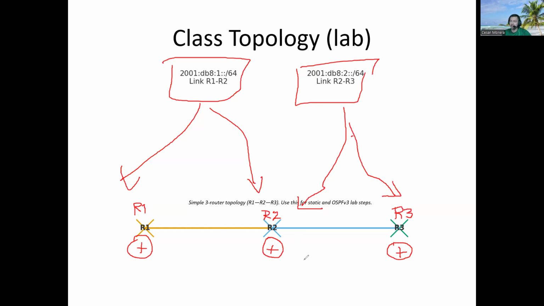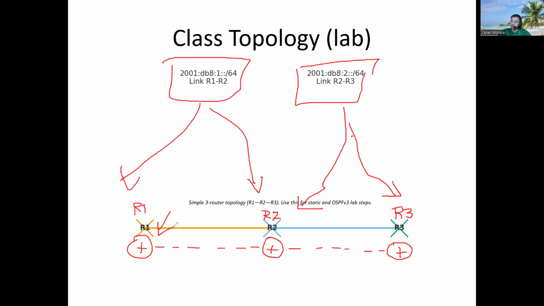Actually, it will be a crossover cable, because they are the same devices. So you will be connecting crossover cables between all those routers, turning the interfaces on and adding IPv6 with the IPv6-specific command. That's basically the lab. It shouldn't be that difficult.